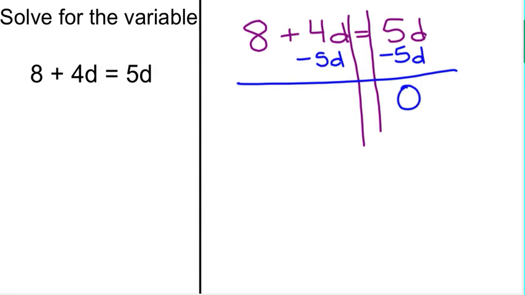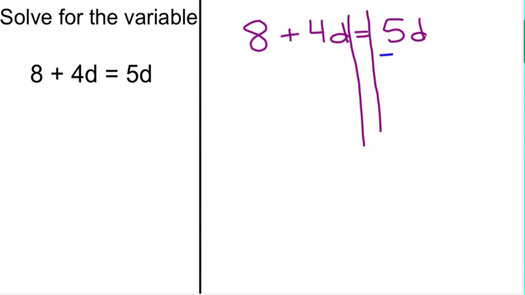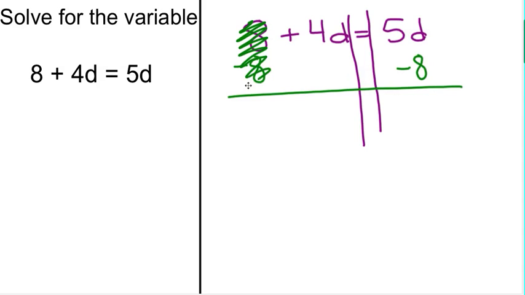Now in class we had a lot of kids say, yeah, but what if I made a mistake, or I made the choice to subtract 8 from both sides? So I subtract 8 over here, and it'll go away, and it'll leave me just with 4d. And then over here, can I subtract the 8 from the 5d?